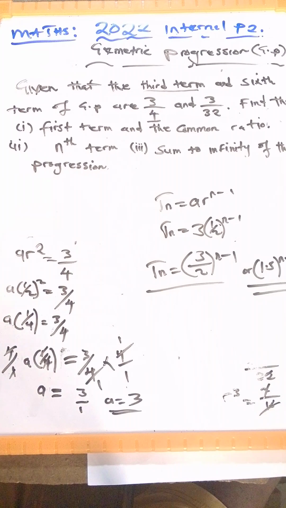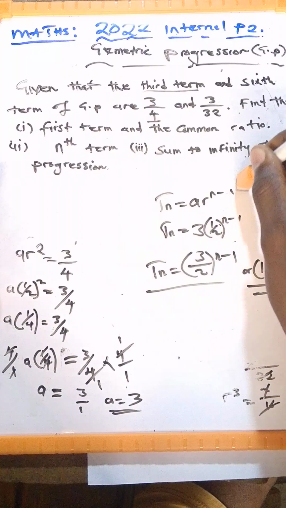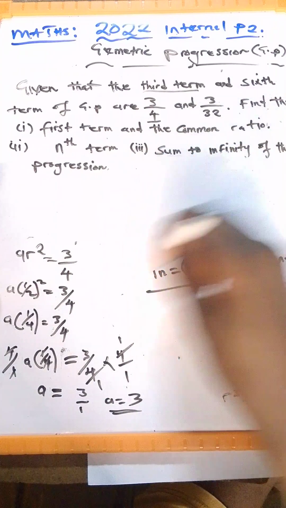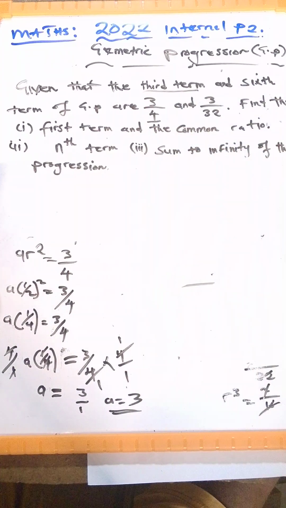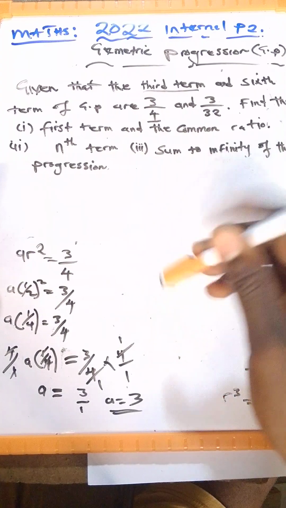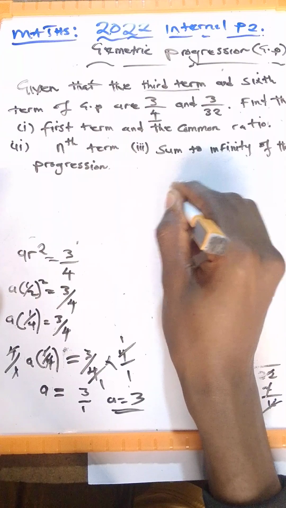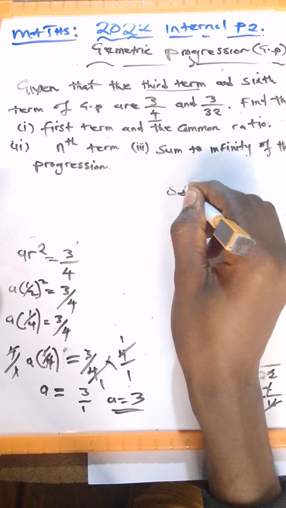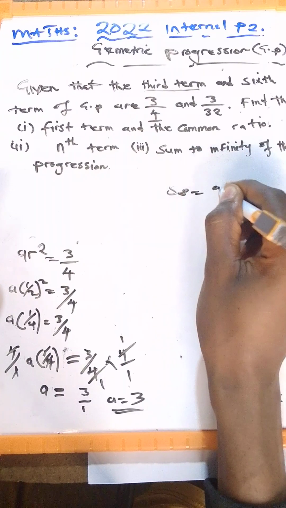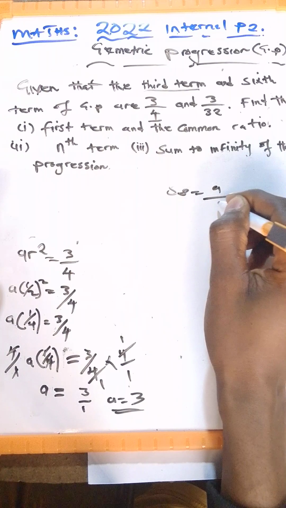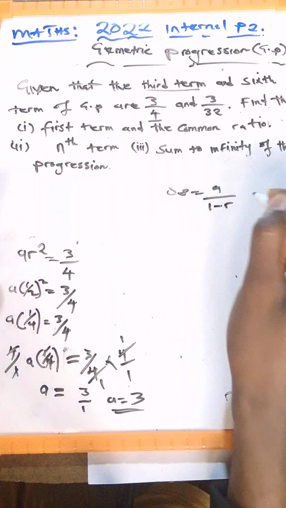Then the last part, talking about the sum to infinity. In the question paper, they even give the formula for the sum to infinity, which is S to infinity is equal to the first term over 1 minus r.